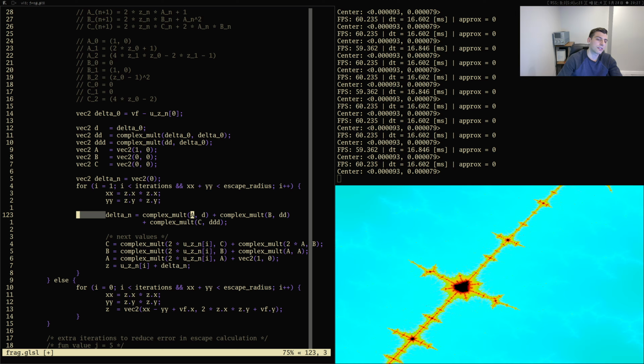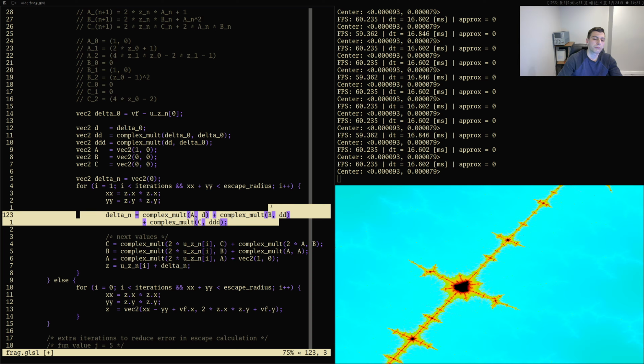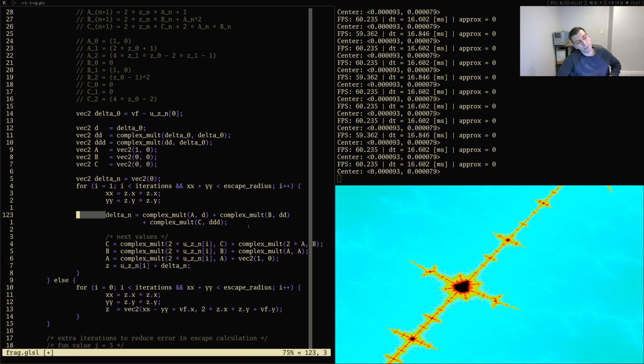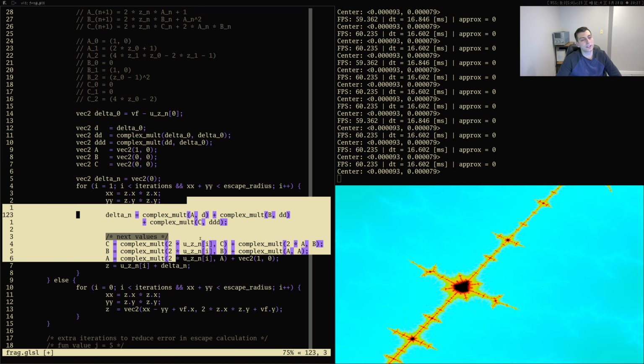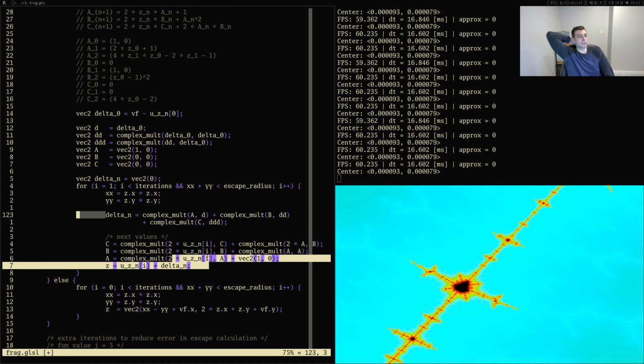No, this is actually the current delta n. I think this is correct, honestly. I think this part of the code is correct according to the paper.